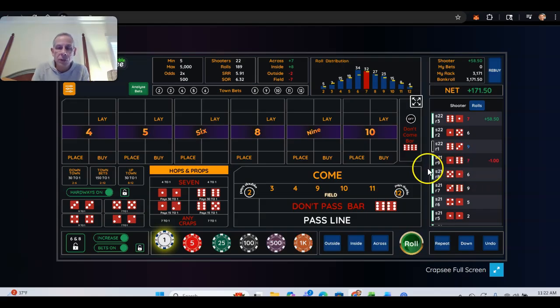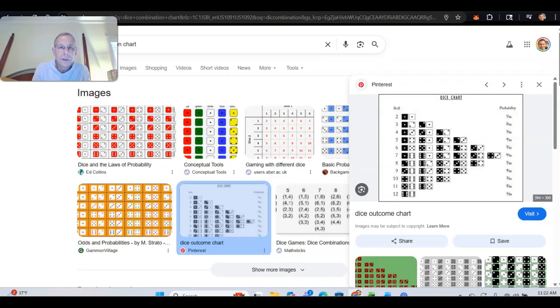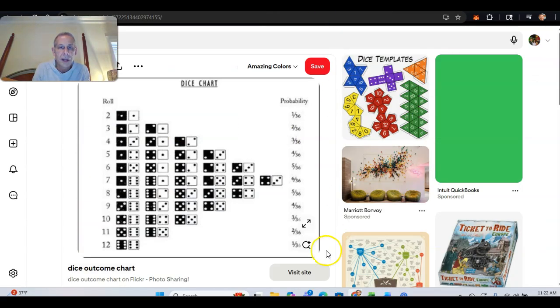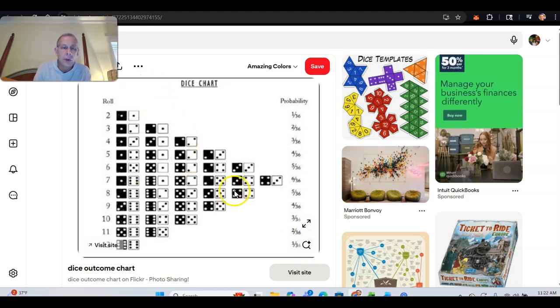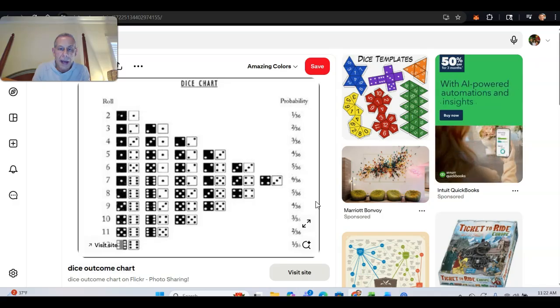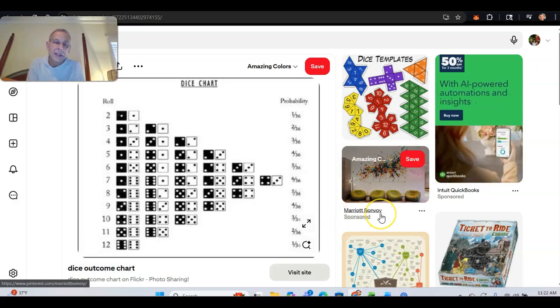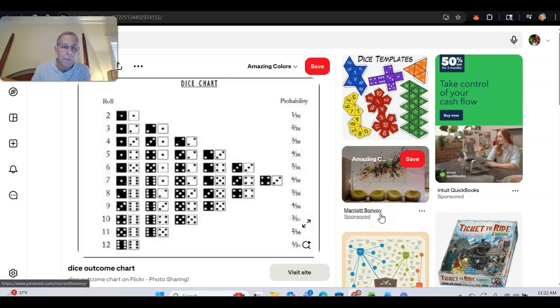So here's the deal. There's always 2 dice that are used in craps. That does not change, all right? And when you look at 2 dice, this is what you're going to know. There we go. This is what we call the pyramid, all right? Everything you need to know about this game, probabilities and math, which is what makes this game so amazing.